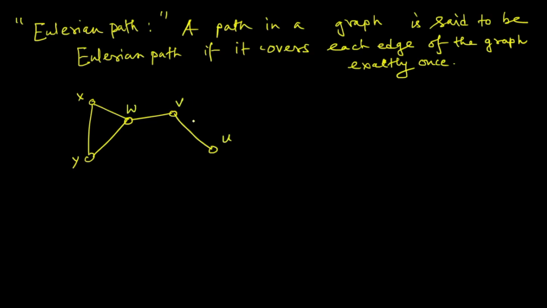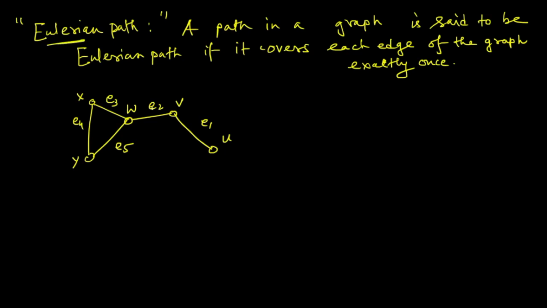Suppose these are the edges you have, e1, e2, e3, e4, e5. If I consider this graph, what will be the Eulerian path?